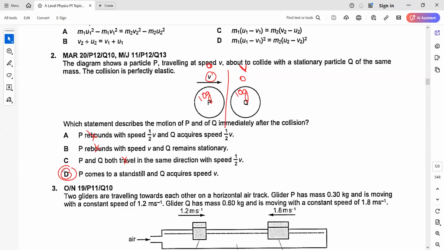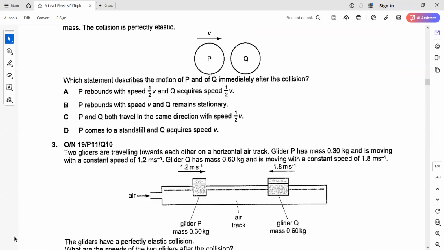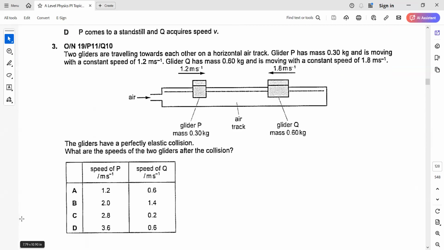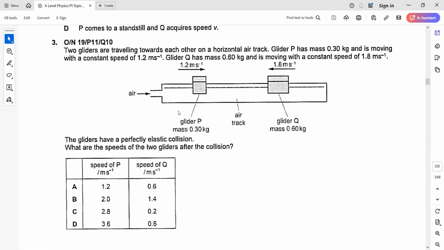Okay, let's try another question. So what happens here? Let's read this question first. What are the speeds of the two gliders after the collision? They want us to find the speed after the collision. This is glider P. Let's assume an elastic collision; they must have said this is an elastic collision, yeah, it says so.